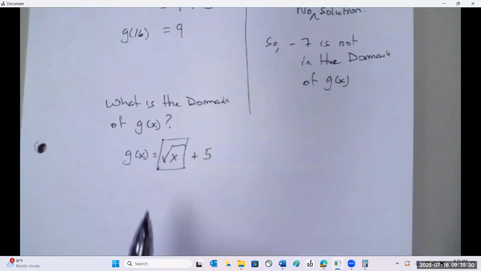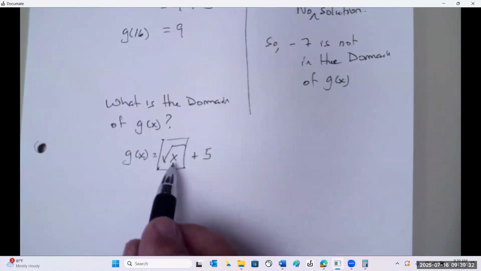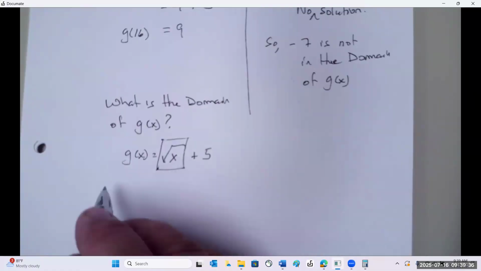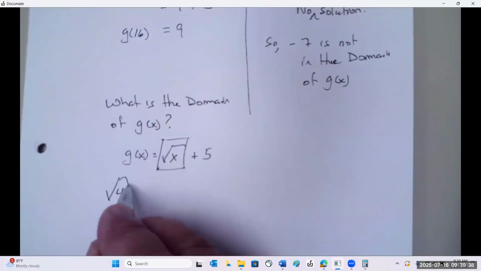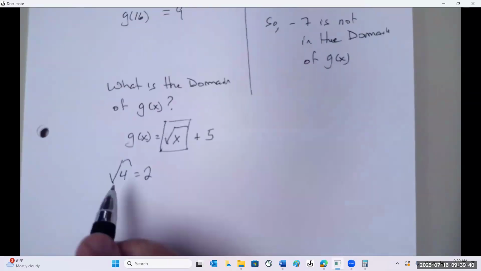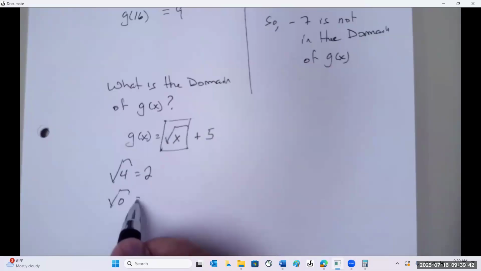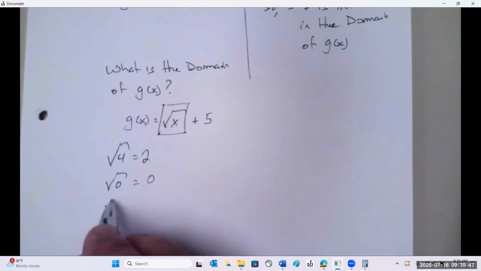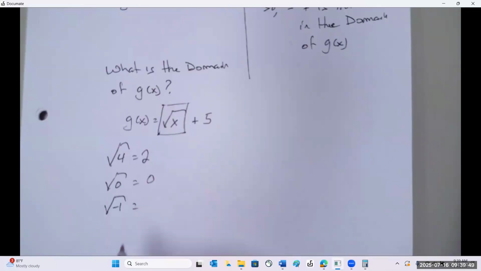Three questions. Can x be positive? Can you take a square root of a positive number? Yes, because the square root of 4 is 2. Can you take a square root of a 0? Yeah, 0 times 0 is 0. Can you take a square root of a negative number?